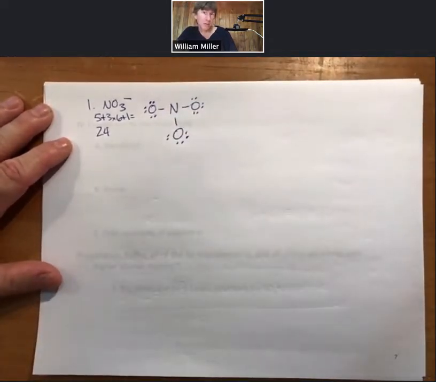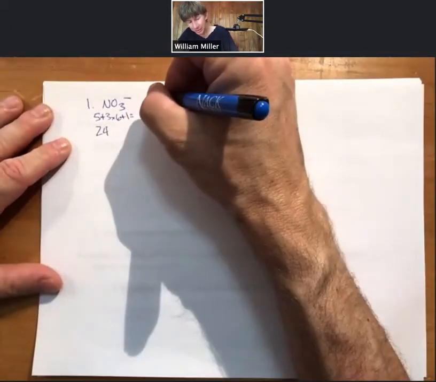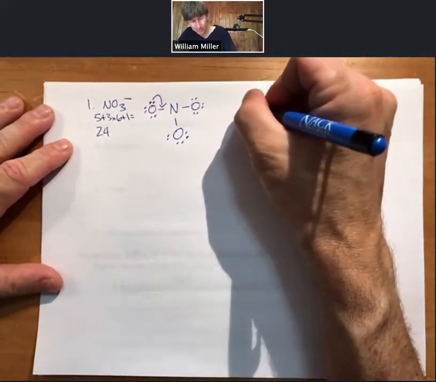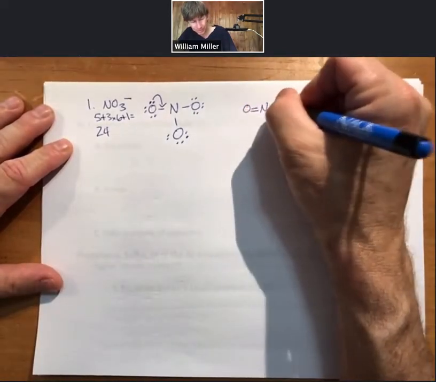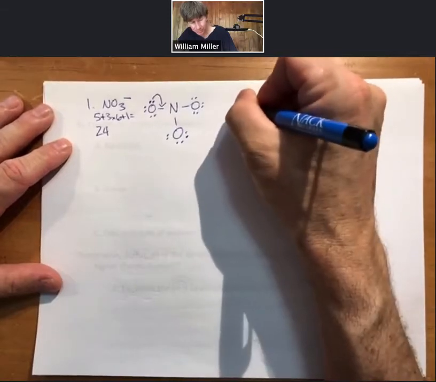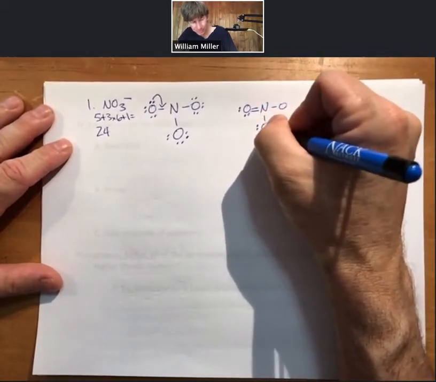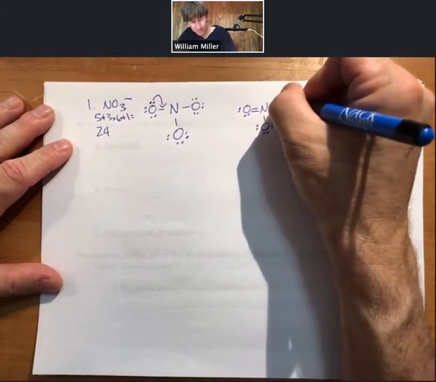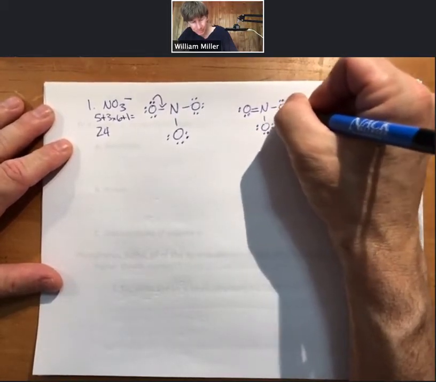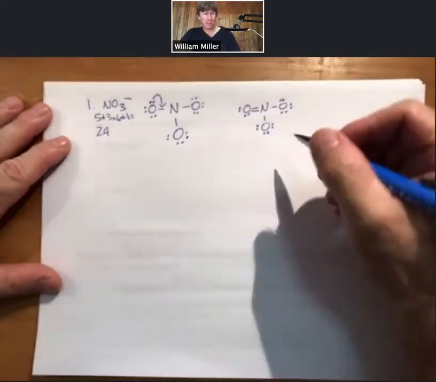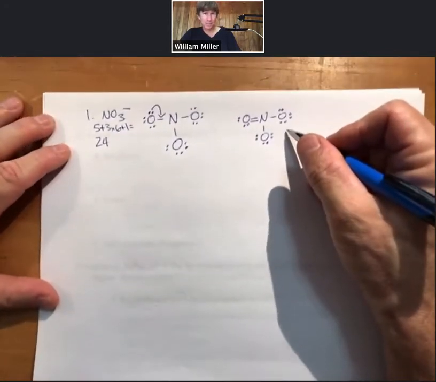We don't have enough valence electrons to complete the octet on the nitrogen. That means we have to do a double bond. Now, that is the finished Lewis structure for nitrate.